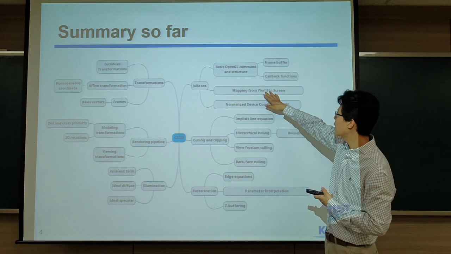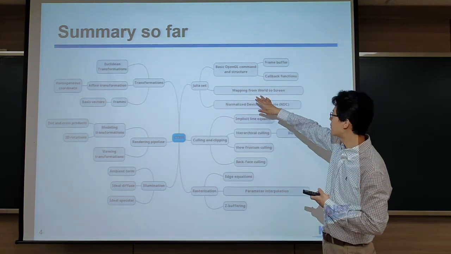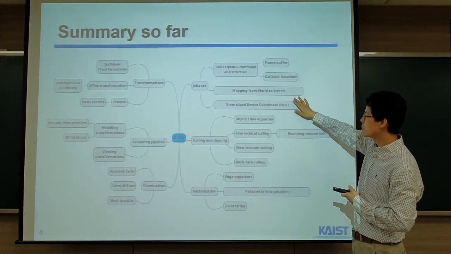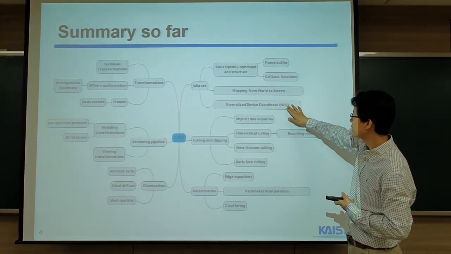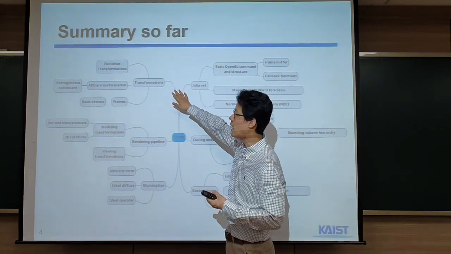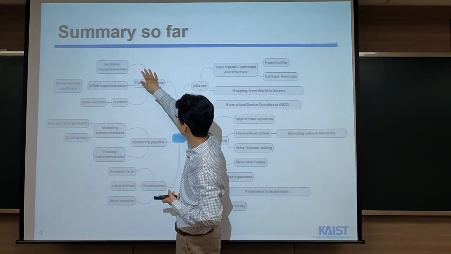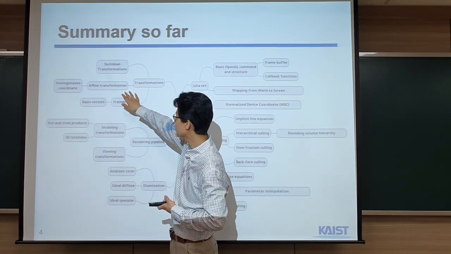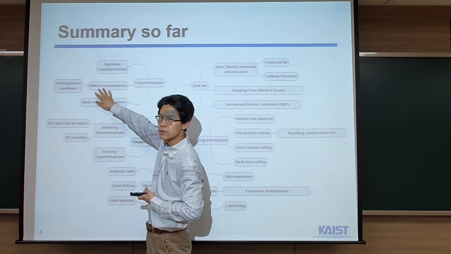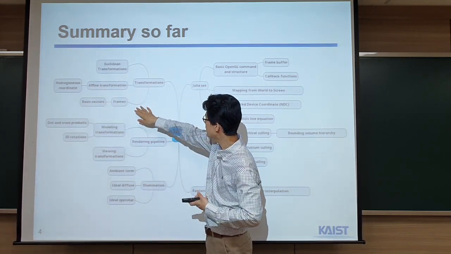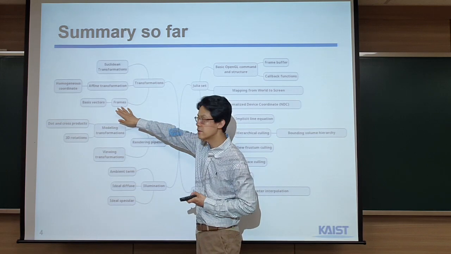Then we talked about how we can map from the world coordinate to the screen coordinate, and along that line, we talked about the normalized device coordinate (NDC), and different types of transformations, like Euclidean and affine transformations.